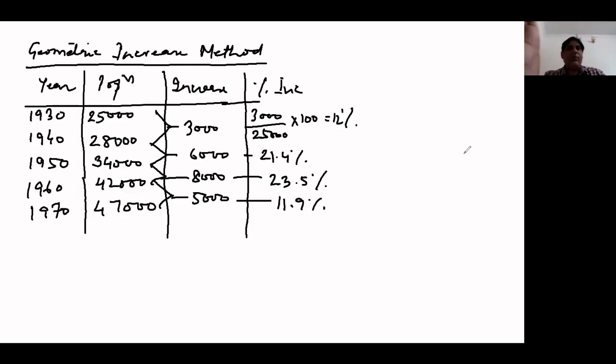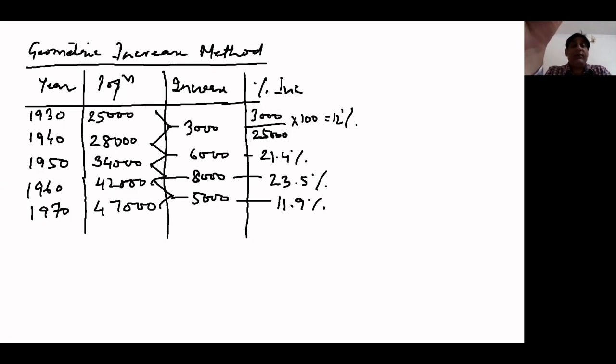Now we come to the geometric increase method. We would take the same example, the years 1930, 40, 50, 60, 70, and the same values of population, that is 25,000, 28,000, 34,000, 42,000, 47,000.